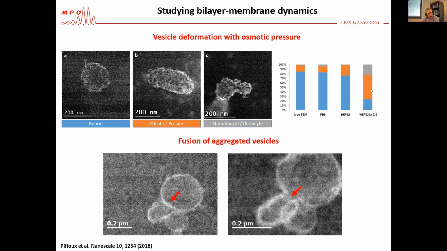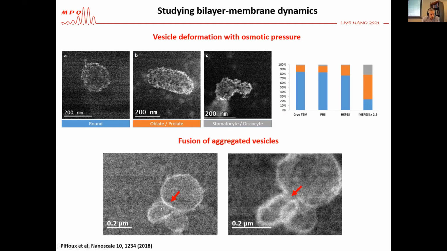And this is exactly what we expect from the thermodynamical point of view, because when you increase the osmotic pressure, this type of object wants to equilibrate the osmotic pressure inside the vesicle and outside, so they release water through their bilayer membrane, which reduces their volumes and leads to their deformation. So we were very happy that we were able to see this type of dynamics in the liquid cells.